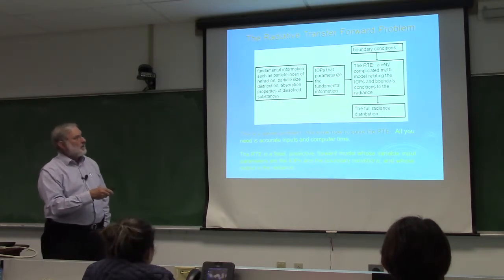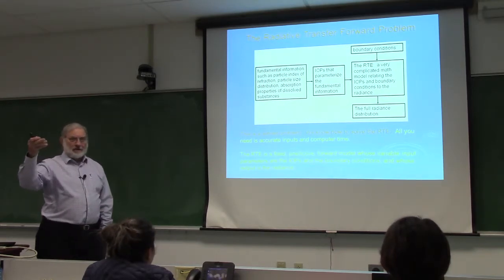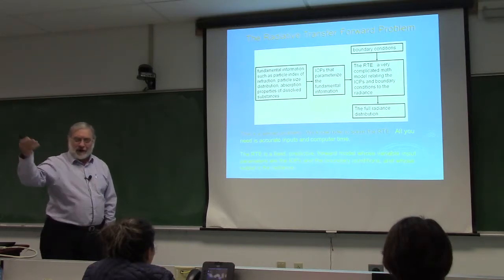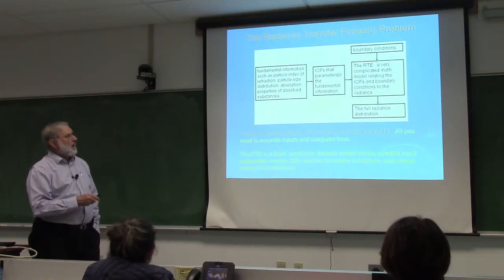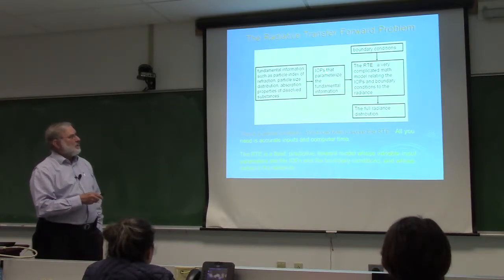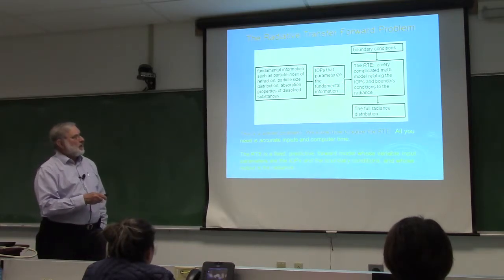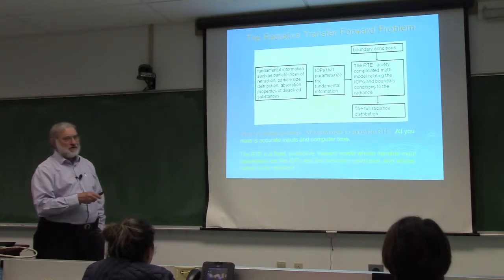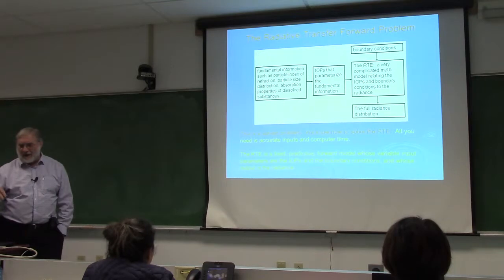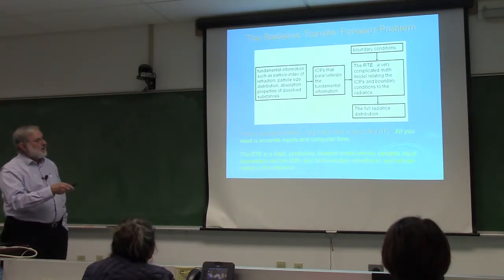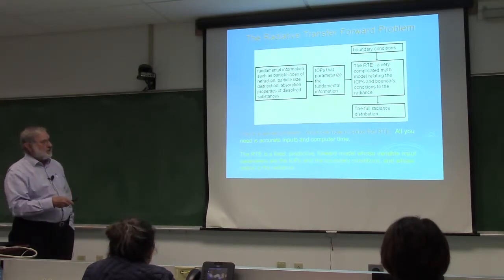And then you have boundary conditions, in our case the radiance from the sky onto the sea surface and maybe the bottom reflectance. So the IOPs and the boundary conditions go into the radiative transfer equation, which you can think of as a very complicated math model that relates these things to the radiance distribution.